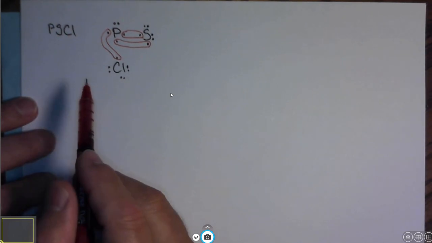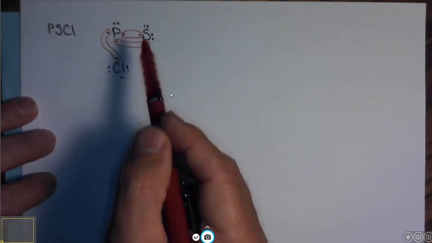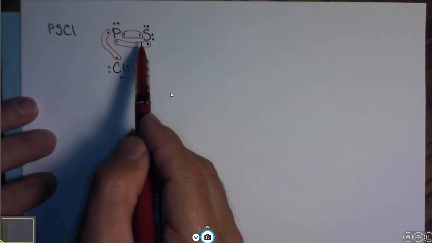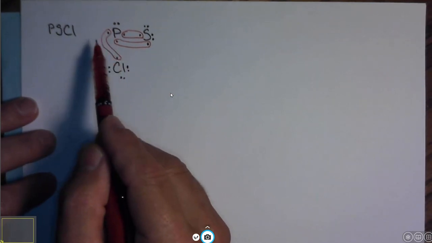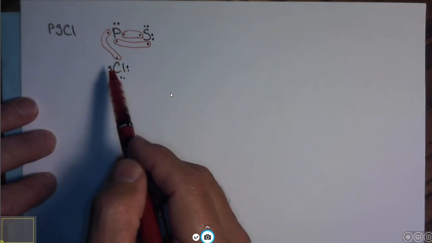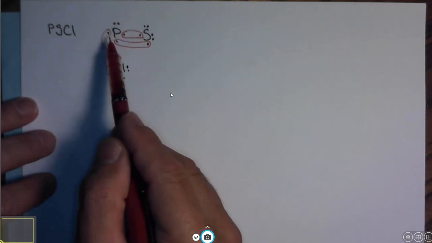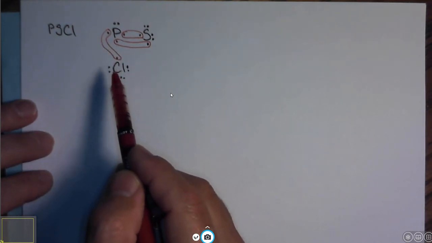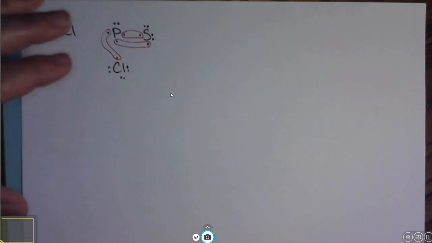Sulfur had 6, it shares 2, it's got 8. Phosphorus had 5, it's sharing 3, it's got 8. Chlorine had 7, it shares 1 electron, it's got 8. So we're going to have an octet in the valence level, the highest energy level, for all these atoms. So now we have a sharing arrangement.